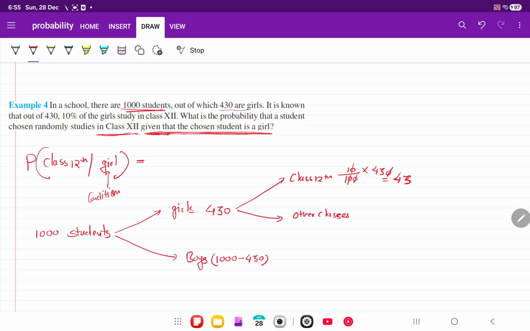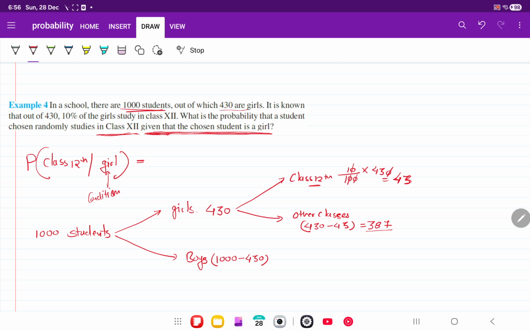So a total of 43 girls are in class 12th, and other classes will be then how much? 430 minus 43. So the number of girls in other classes, not in class 12th, are 387. Correct. So this is the flow chart which is given.